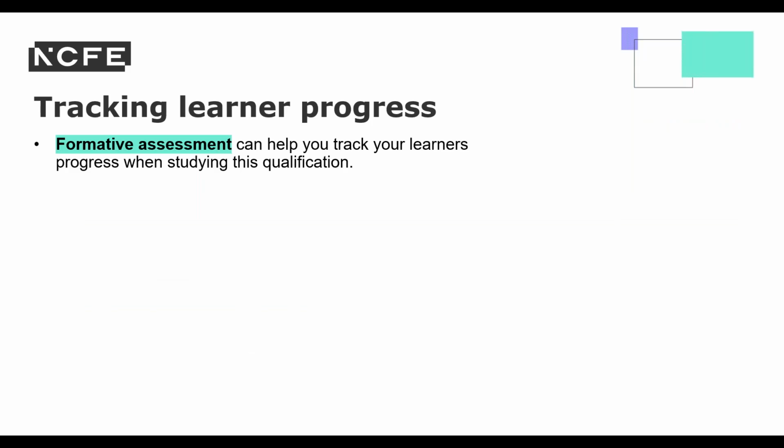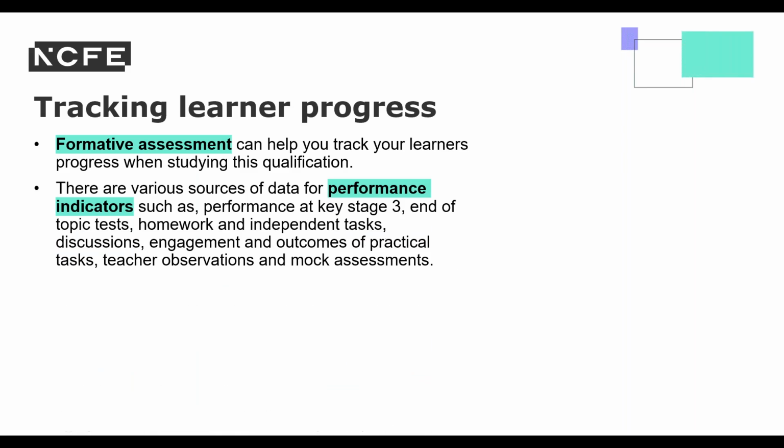Formative assessment can help you track your learner's progress through the learner journey of studying this qualification. Keeping a record of each formative assessment result will allow you to monitor your learner's ongoing progress, predict a final grade, and identify if any further support or interventions are required.